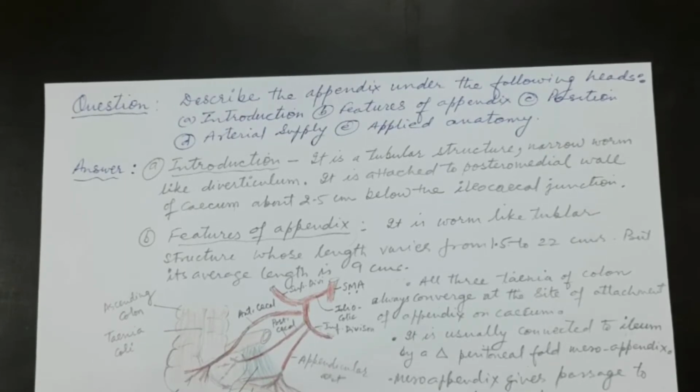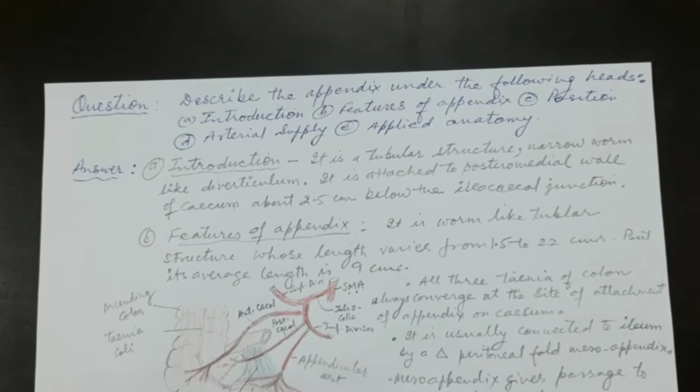So it is attached to the posteromedial wall of the cecum. On the posterior aspect and more towards the medial side, this is the attachment of the appendix, which is a narrow worm-like tubular structure.